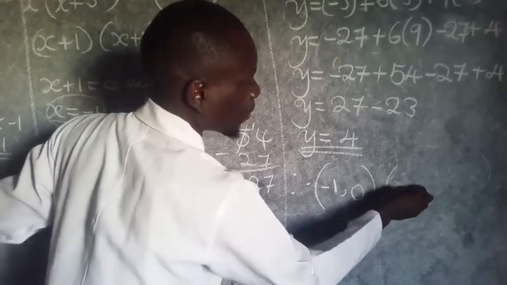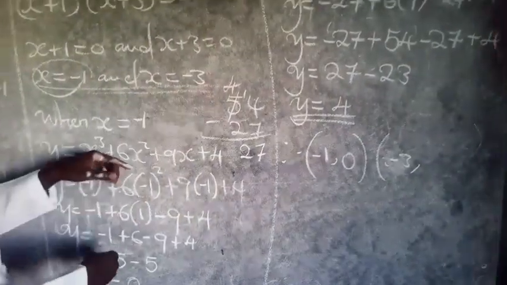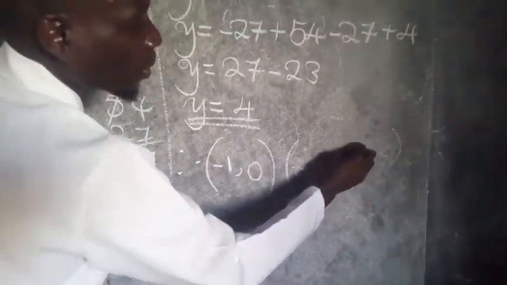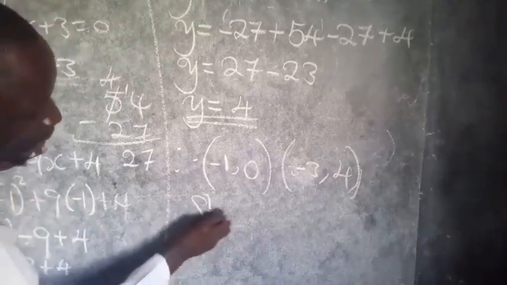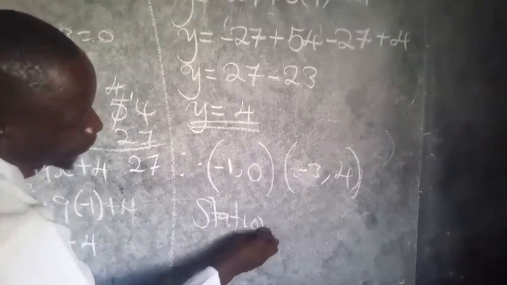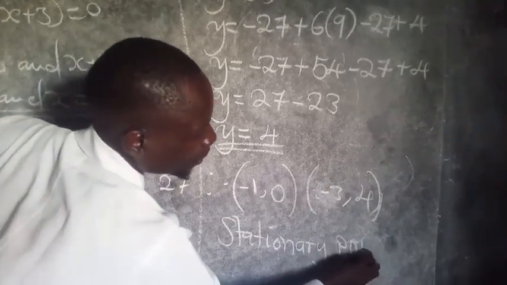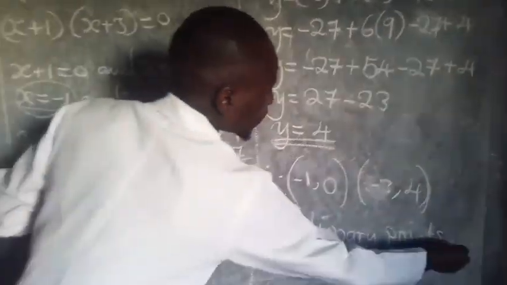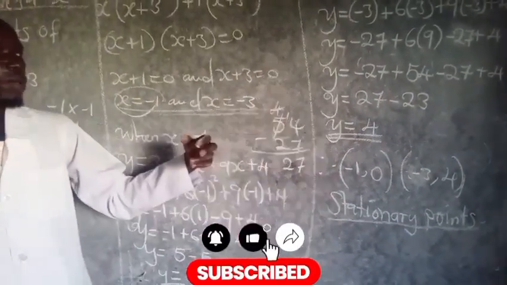You say negative 3 comma, for this negative 3 the answer is what? It's 4. So you write a 4 in brackets, which is a what? Stationary point or points. So this is the answer, and this is how we find the stationary points.